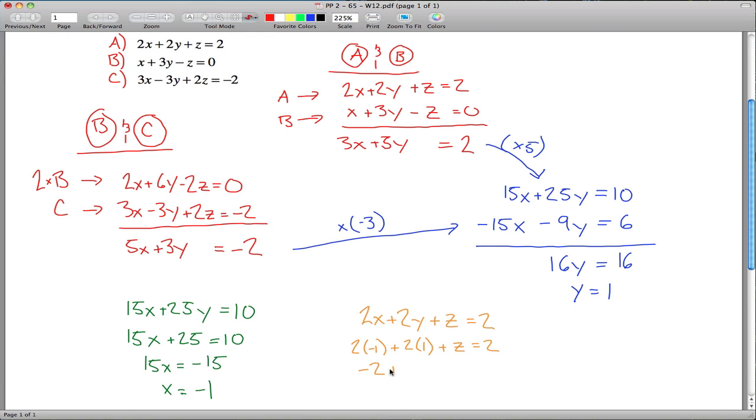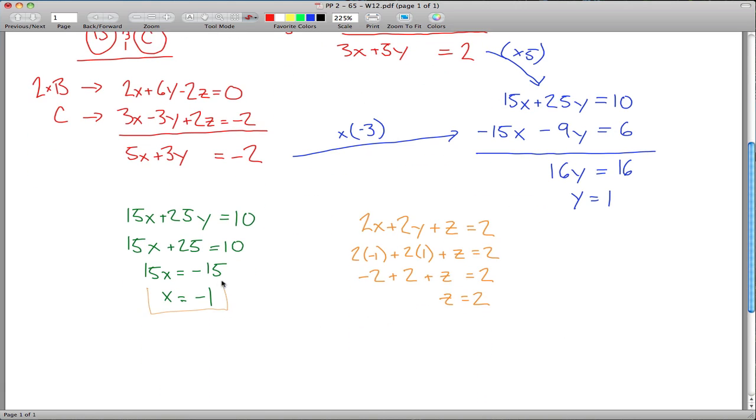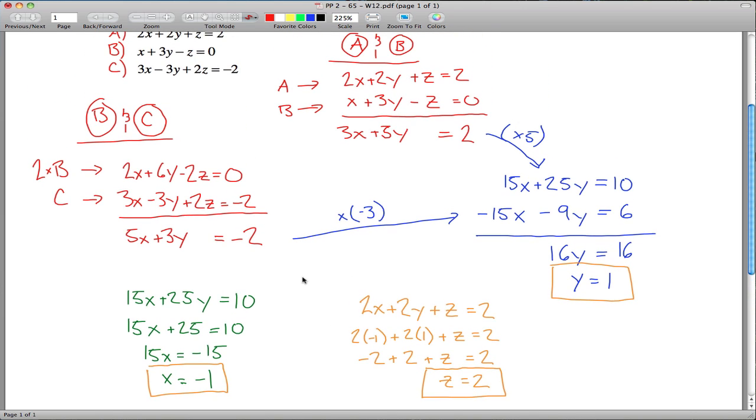So negative 2 plus z equals 2. 0 plus z equals 2. Z equals 2. So we get for our solution, x is negative 1, y is positive 1, z is positive 2. And that there is the end of this perfect problem.